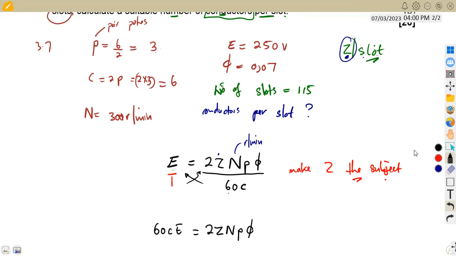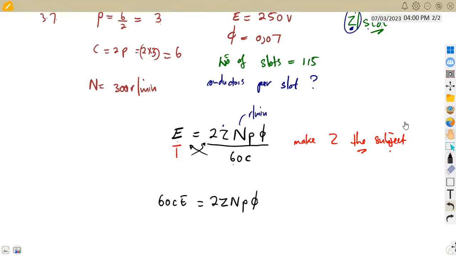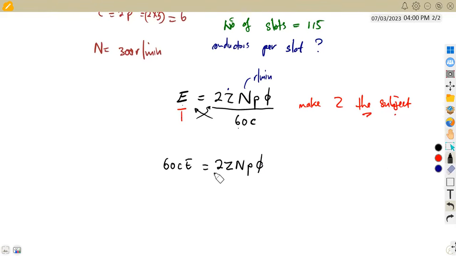The number of conductors can be calculated from this Z, so you can divide by everything. We can divide by 2, N, P, and flux. If we divide by these here, they are going to cancel, meaning we're going to remain with this Z here. So our Z is going to be 60CE.